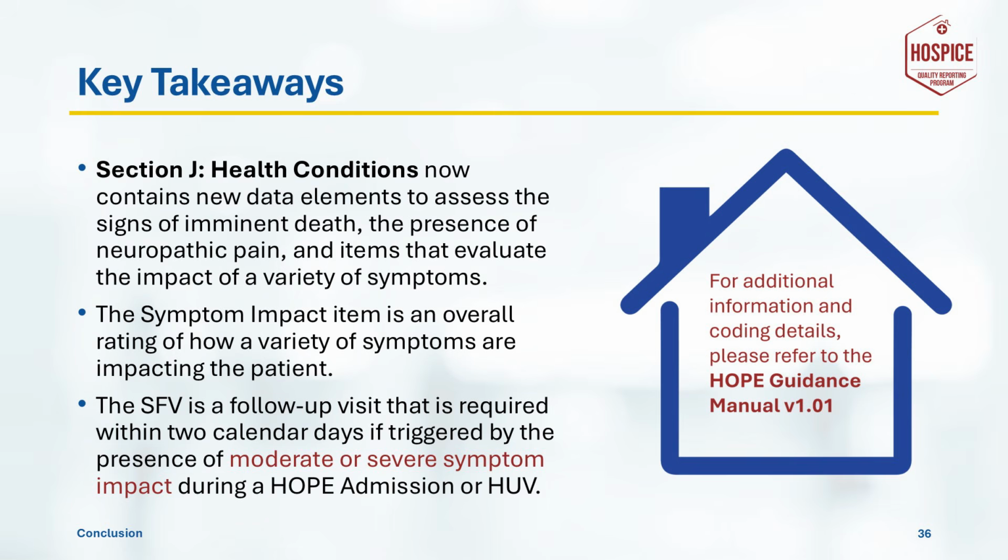The symptom impact item is an overall rating of how a variety of symptoms are impacting the patient. The SFV is a follow-up visit that is required within 2 calendar days if triggered by the presence of moderate or severe symptom impact during a HOPE admission or HUV.